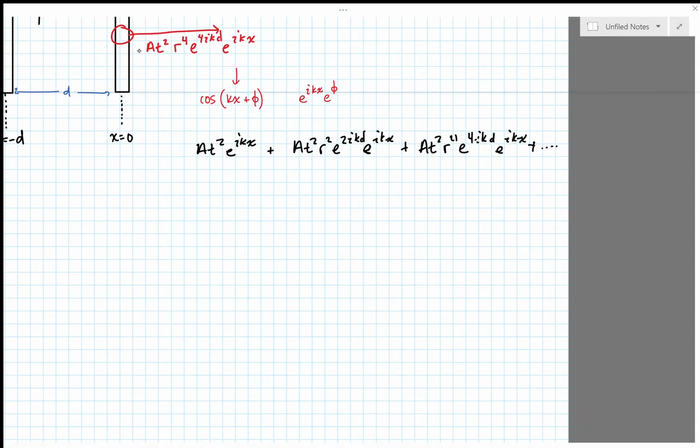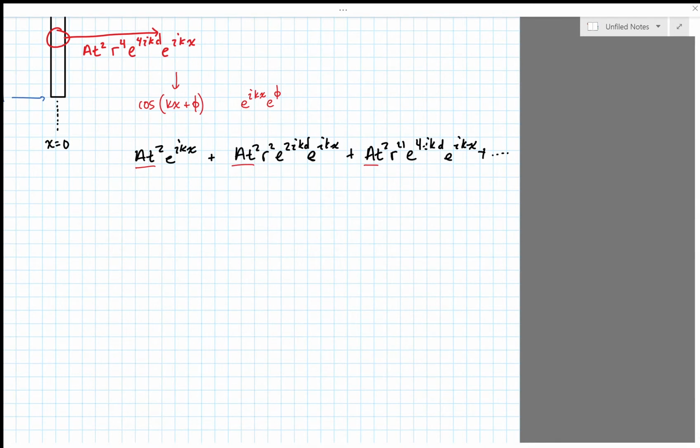Everybody here has got an A t squared, so I can just factor that part out. And everything's got an e to the ikx on it too, so I'm going to factor out an A t squared e to the ikx, because that's all in common.